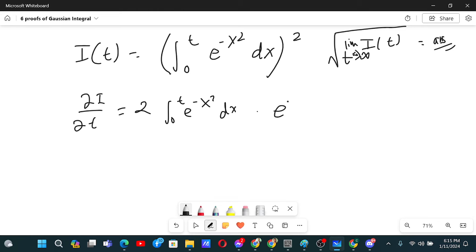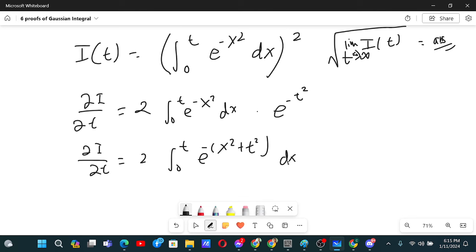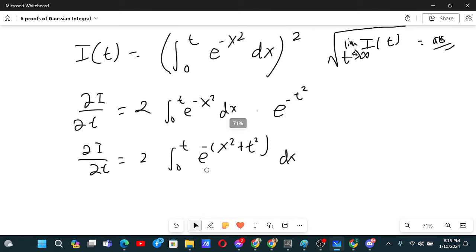Now we can bring this constant inside the integral. dI by dt will be 2 times the integral from 0 to t of e to the power minus x square plus t square dx.